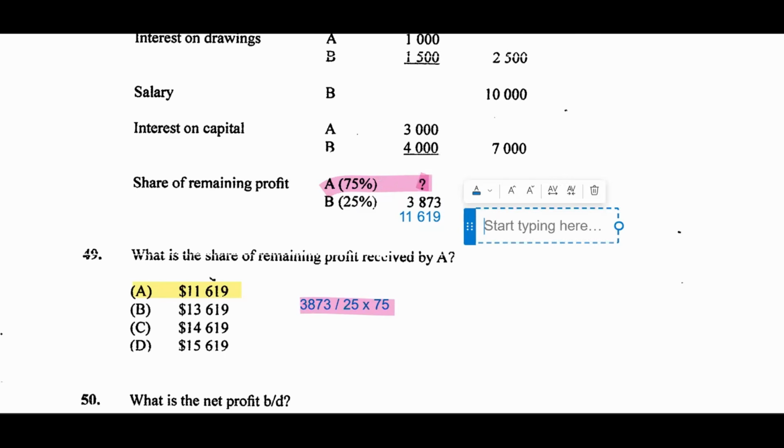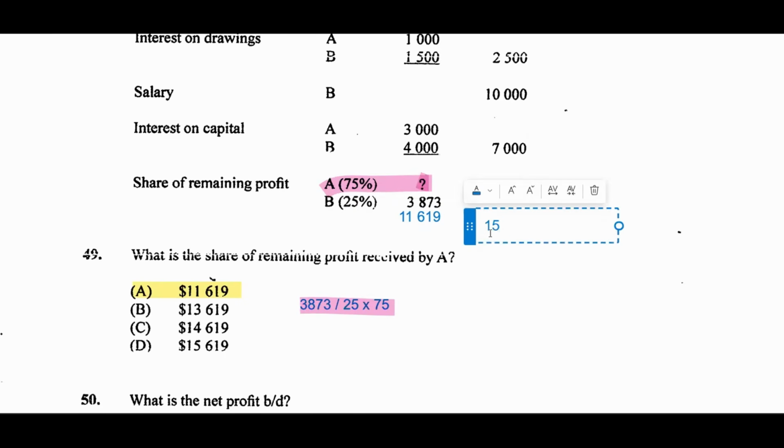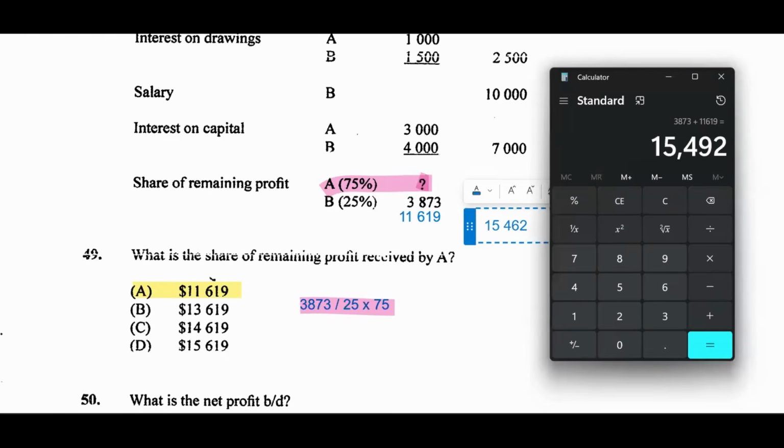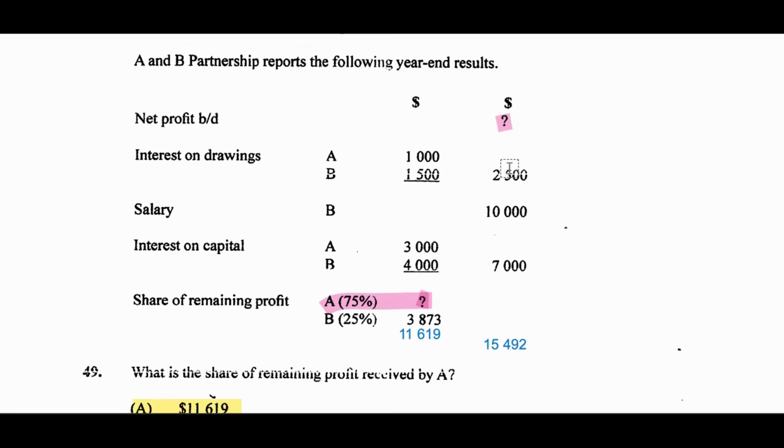Total profit to be shared, I should say, 15,492. So it means that these values up here should amount to the 15,492 because this 15,492 was the total shared amongst the partners.